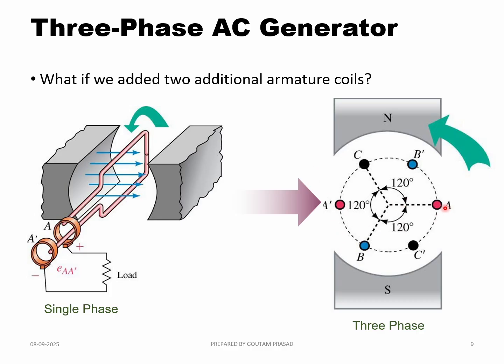So we have A, A dash, B, B dash, and C, C dash coils. They are 120 degrees apart on the rotor periphery, and these coils rotate in the anti-clockwise direction. This will induce EMF separately in all these three windings of the rotor, and the three-phase AC will be generated this way. The three-phase AC waveform will be three different voltages independently induced in the individual windings.